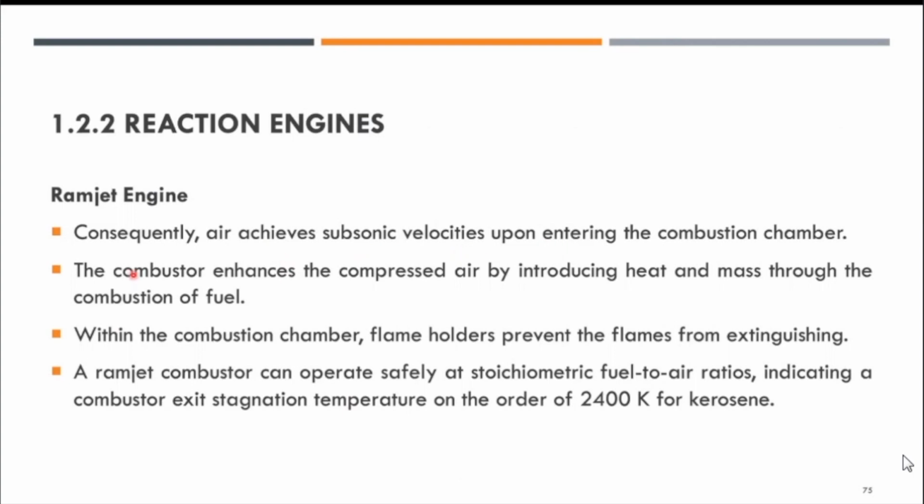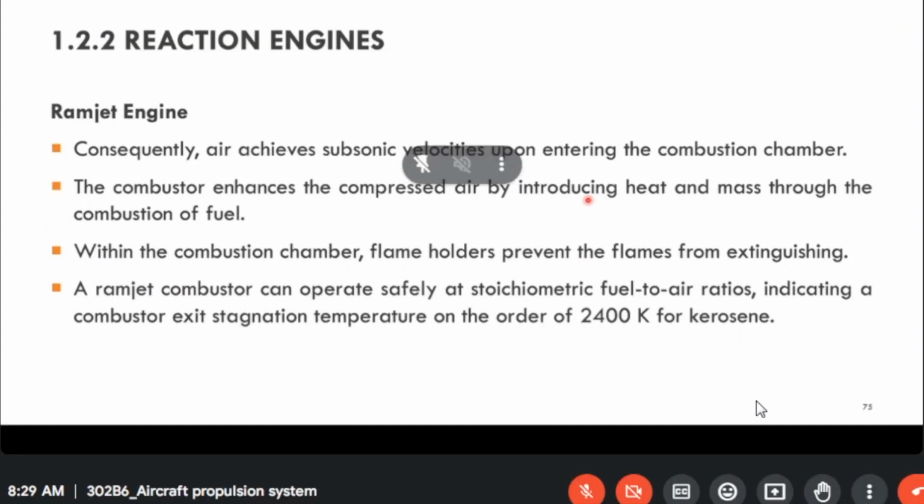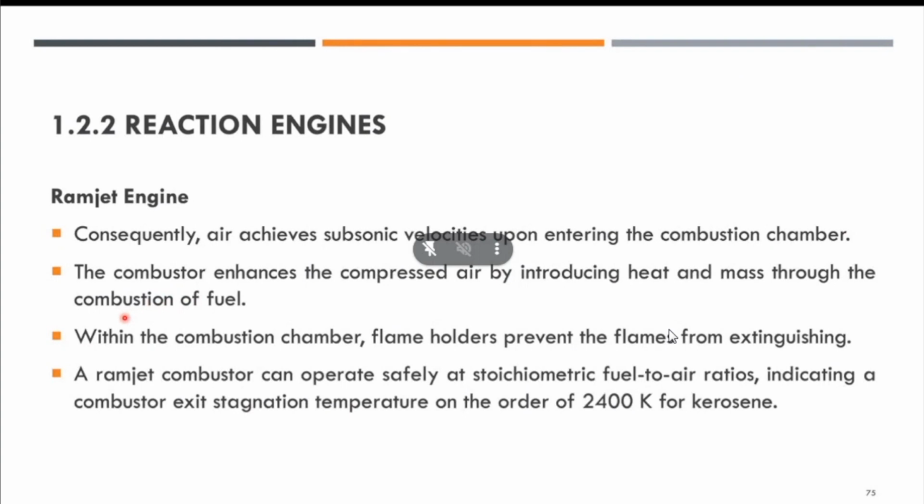The combustor enhances the compressed air by introducing heat and mass through the combustion of fuel. Within the combustion chamber, flame holders prevent the flame from extinguishing. A ramjet combustor can operate safely at a stoichiometric fuel to air ratio, indicating a combustion exit stagnation temperature on the order of 2400 degrees Kelvin for kerosene type of fuel.